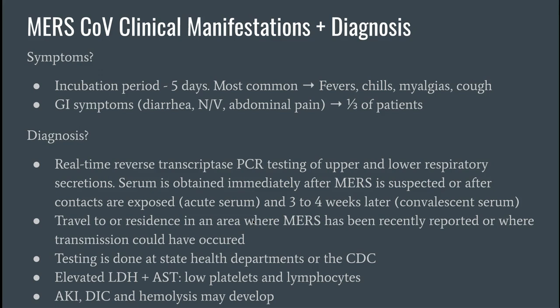Testing is usually done at state health departments. A lot of the laboratory values with MERS, the patient can have an elevated LDH along with AST levels. They can also have low platelets and lymphocytes. Patients can also present with things like acute kidney injury and DIC.